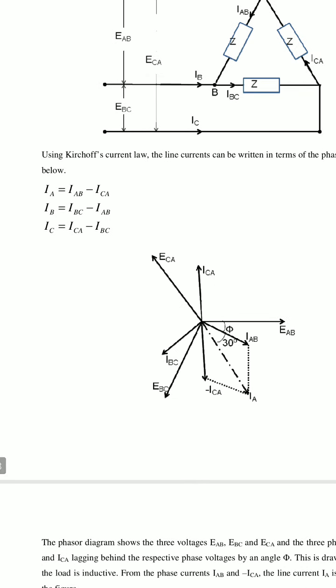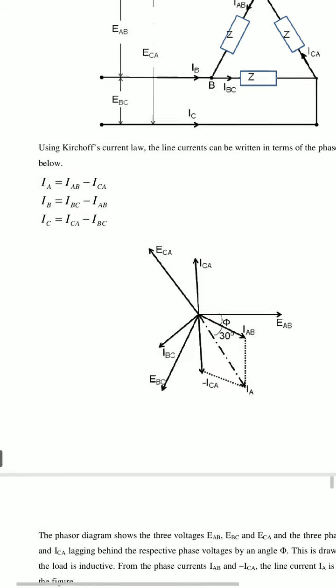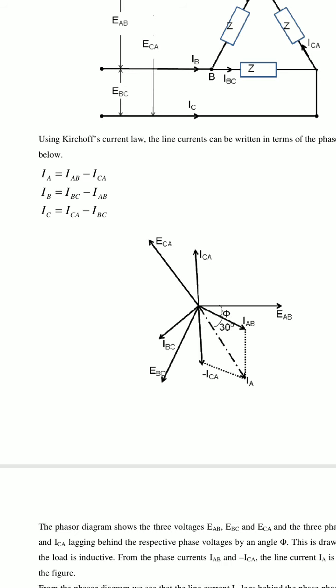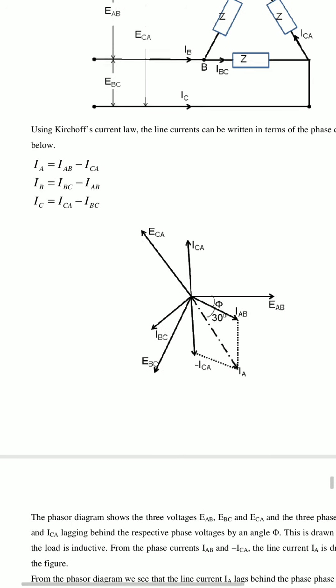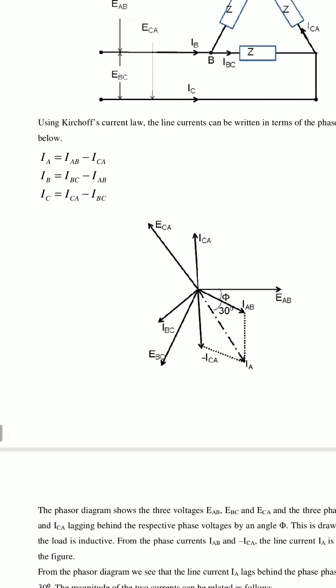See, observe this one. IA is equal to IAB minus ICA. EAB is taken as the reference, IAB minus ICA gives IA. So between EAB and IA, the phase displacement is phi plus 30 degrees.